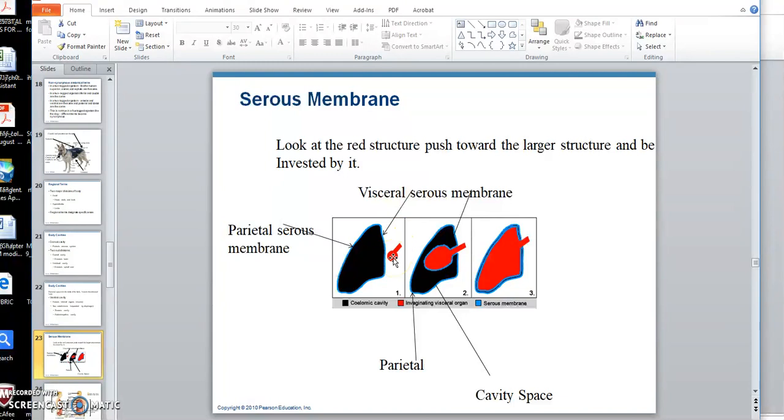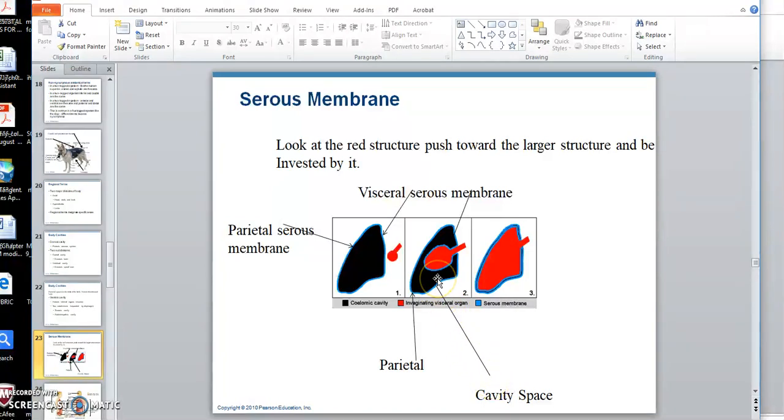Let's say here's a structure like the lung or something, pushing into this. As it pushes, you'll see it go in. When it goes in, this portion here sticks directly to the organ, which we would call the visceral layer, and this layer here stays on the outside. Then you have this space between the two, which I'm going to call a cavity.